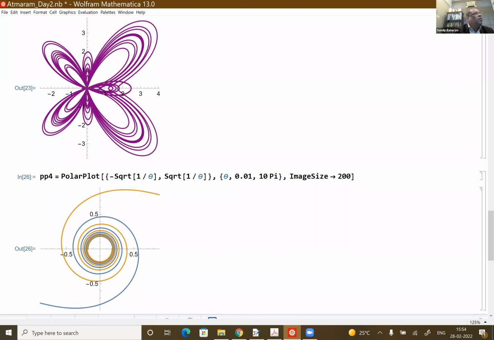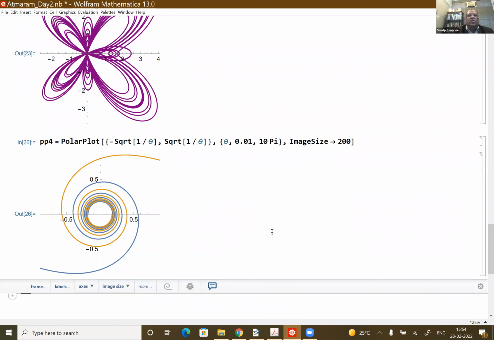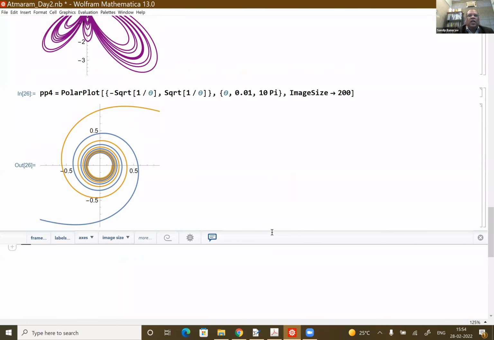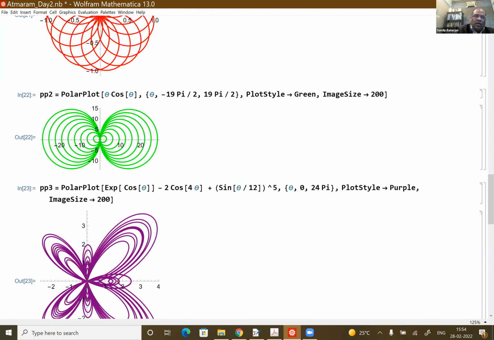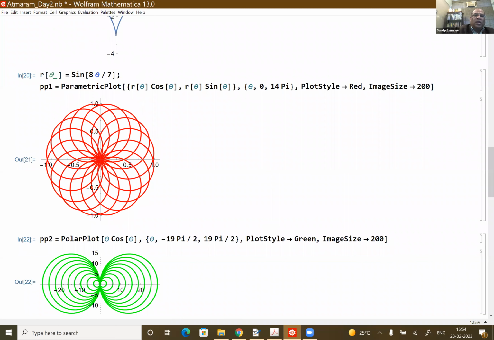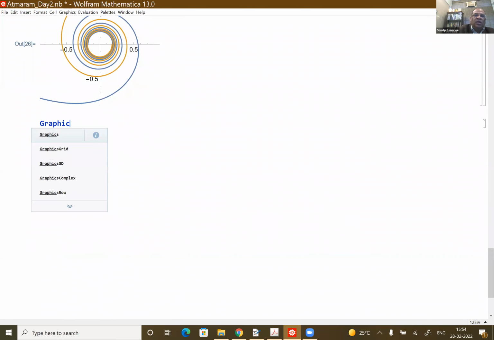So the purpose of plotting this is 4 graphs, and if I want them side by side in a grid, the command is GraphicsGrid.